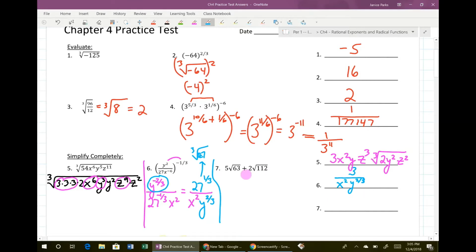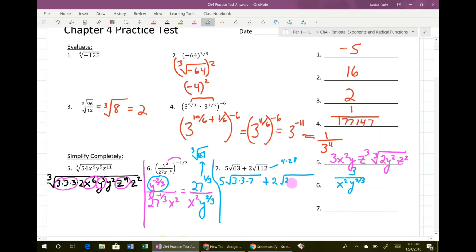For number 7, whenever you're adding or subtracting radicals, you must do them completely separately. So you have to keep them separate from each other. So that becomes 3 times 3 times 7. 112, you may divide that by 4, is 4 times 28.